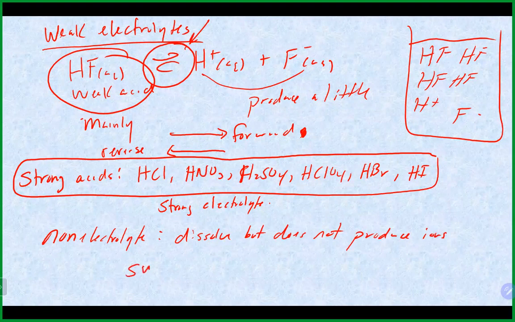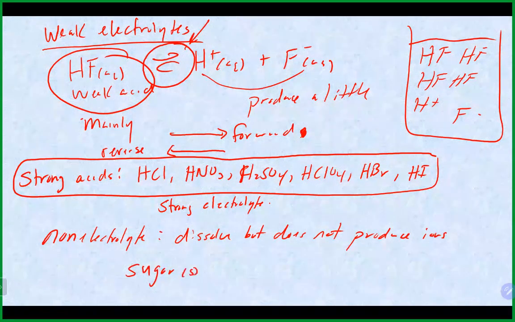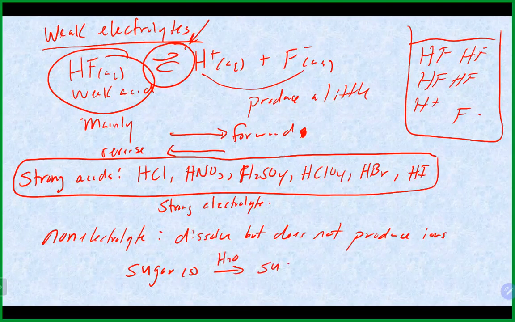Sugar, for example, is something we know we could take and dissolve in water, and we will get the sugar to dissolve. But sugar is really a molecular compound containing carbons, hydrogens, and oxygens, which means they are going to be sharing electrons. So there's going to be no production of any ions, and it's really that lack of ions which prevents it from conducting electricity.